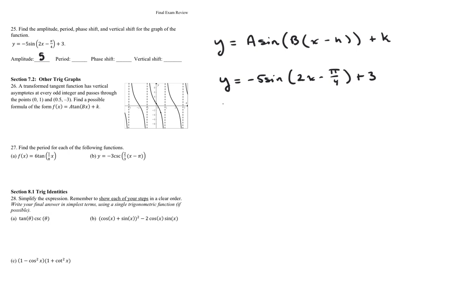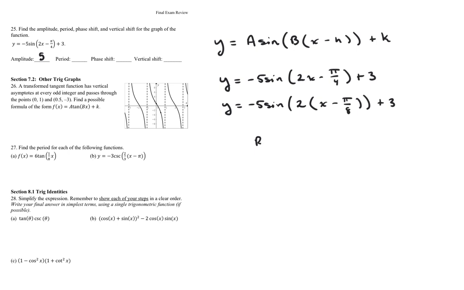So I'm going to write y is equal to negative 5 sine of 2 times x minus pi over 8, all plus 3. And you can see that if I factor back in that 2, I get what I originally started with.